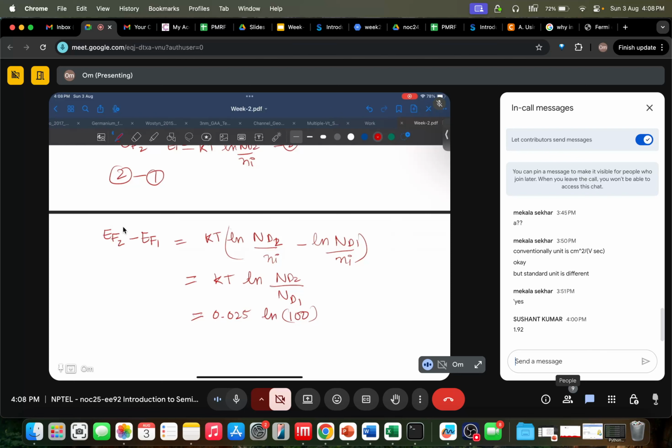So to solve this, we get 0.115 electron volts.